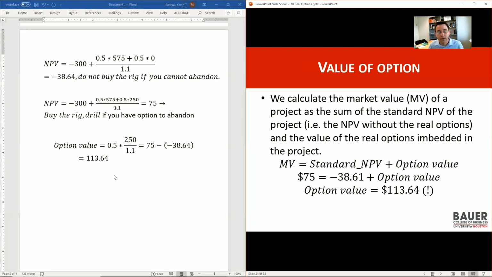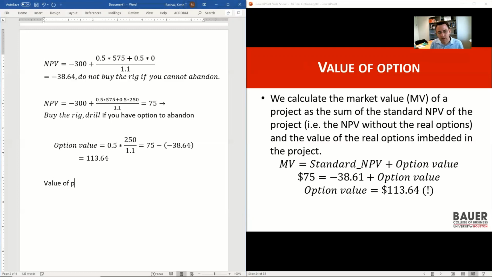And this is generally the formula for an option. In this case, we were able to compare the NPV if we can't walk away with the NPV if we can, to get 113. But more generally, if you want to think about how much an option is worth, intuitively, you can value the project with the option, and you can value the project without the option, and the difference is the value of the option, right?